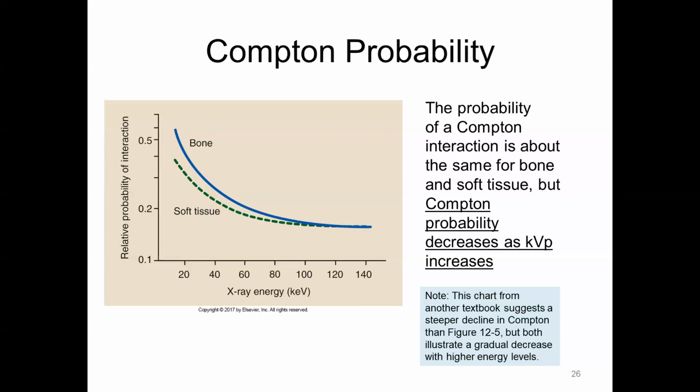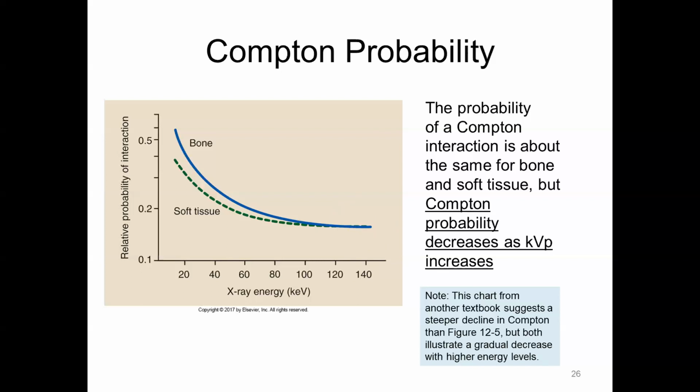As I increase my energy level, that curve starts to level out, but it does keep decreasing. It's going to be a long way to get to zero, because even at really high kVp, 140, you still have a probability of Compton scatter. But it does continue to slope down and decrease.